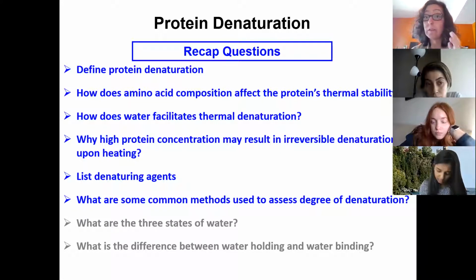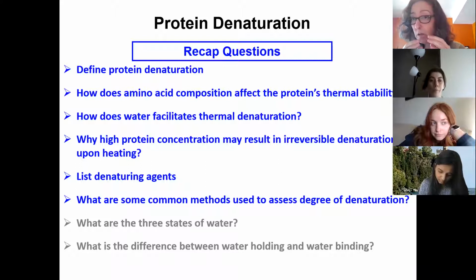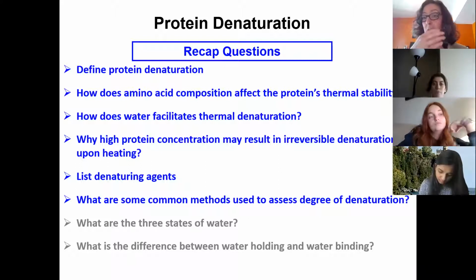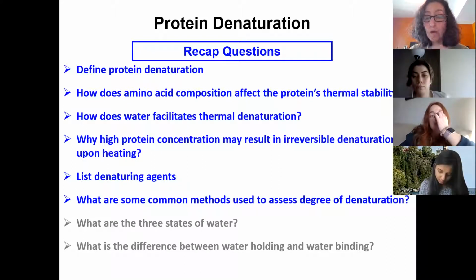Also organic solvents. Why? Because the nonpolar R chain of the amino acid will become more soluble with the solvent. So that means the protein will start opening up, and instead of hydrophobic interaction with each other, they start having hydrophobic interaction with the acetone or the organic solvent.